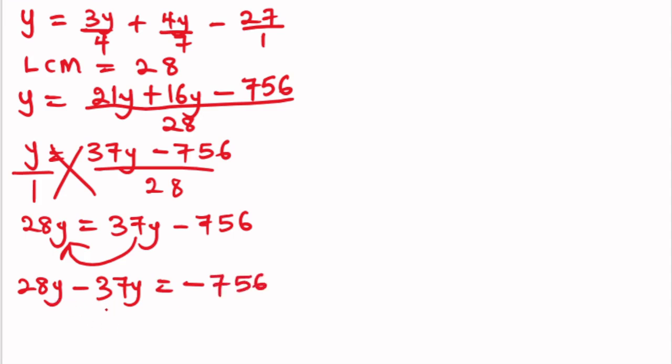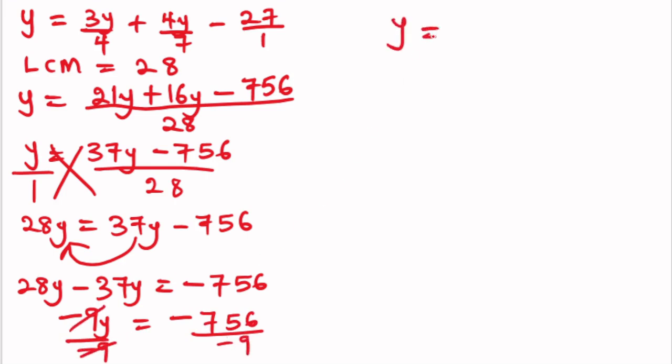So 28y minus 37y gives us minus 9y equal to minus 756. So the next thing we're going to do is to divide through by minus 9. When we divide through by minus 9, we'll be able to get the value of y. So y is equal to minus 756 divided by minus 9 gives us 84.